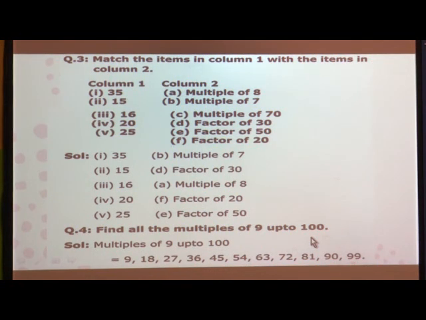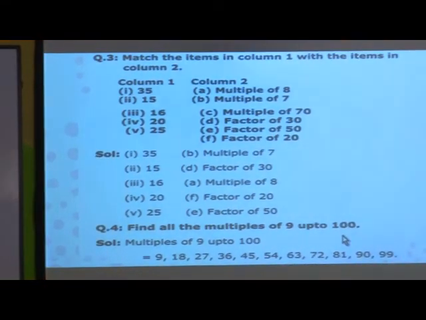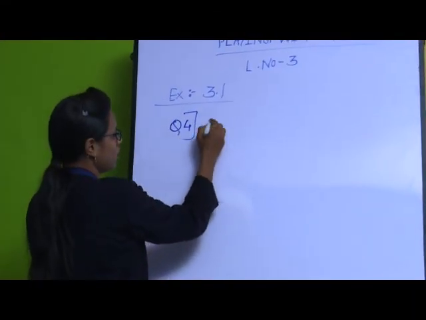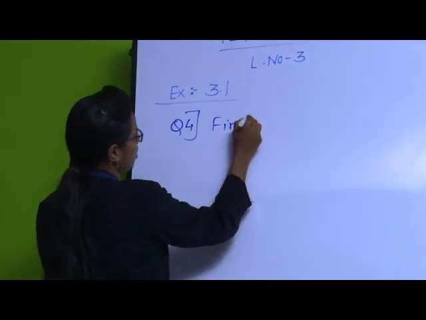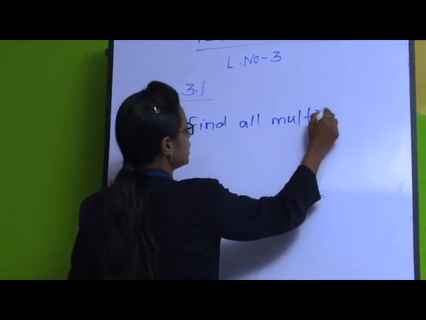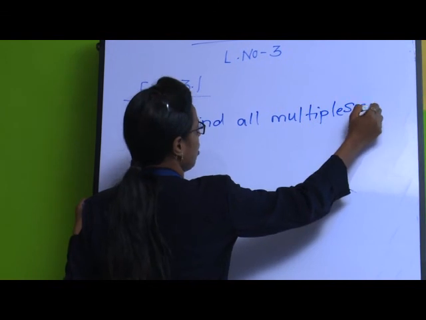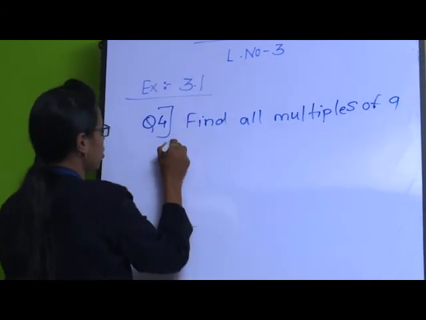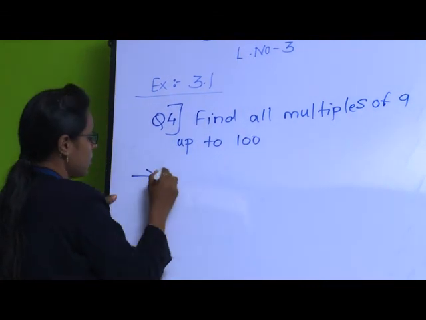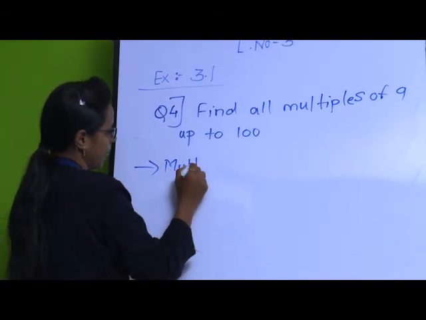So, let us solve this exercise 3.1, question number 4. Find all the multiples of 9 up to 100.